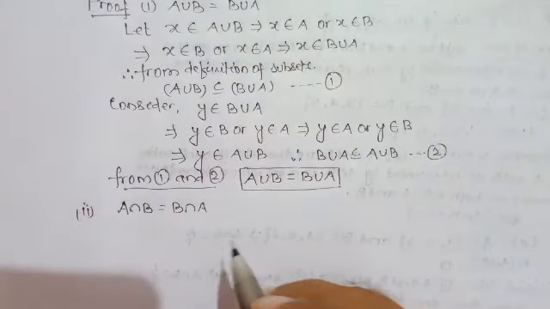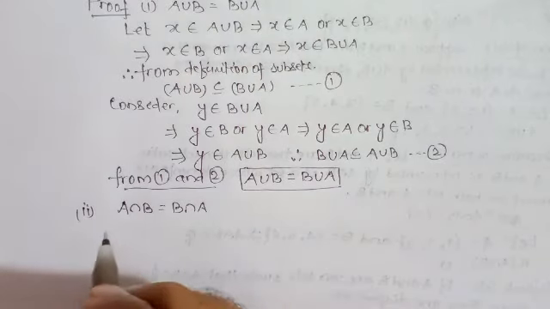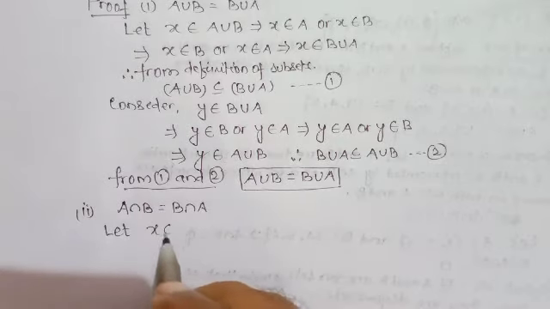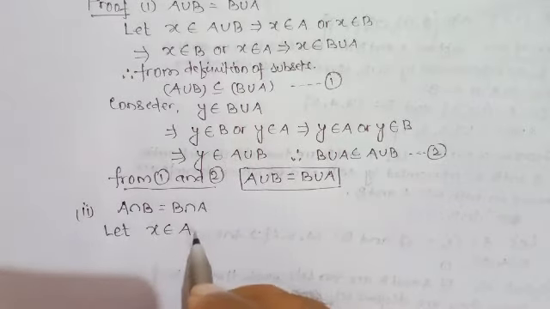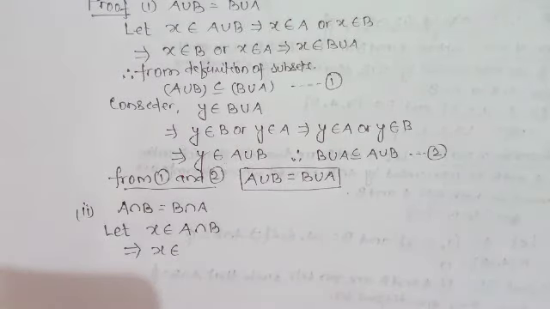In the same way, let X belong to A intersection B. This implies X belongs to, since the definition of intersection says that element X should be present in both sets A and B, that means a common element.